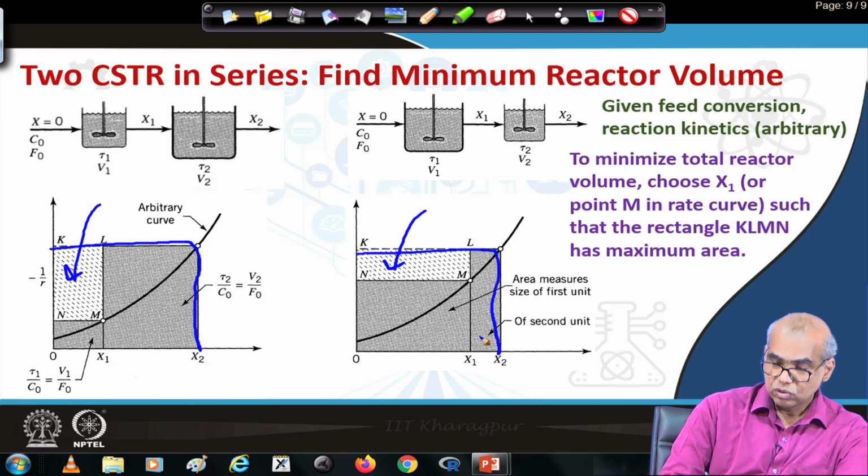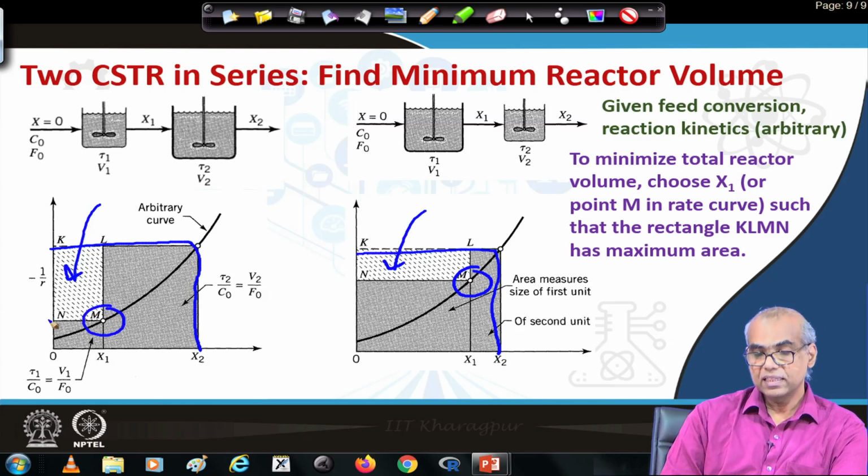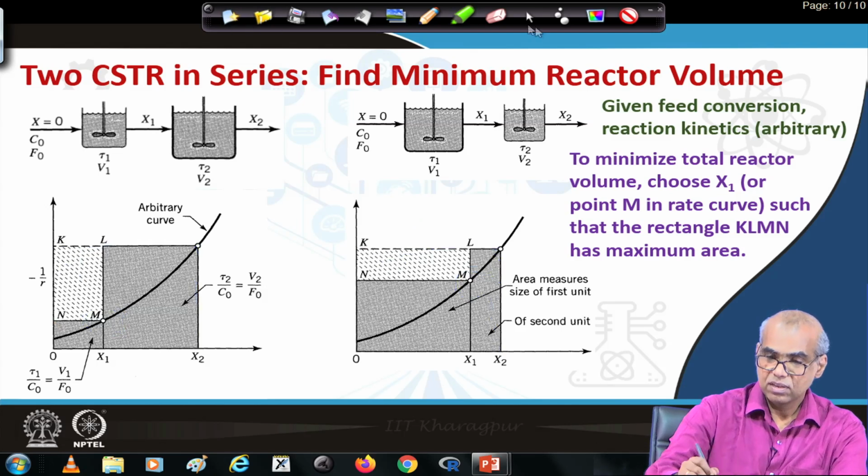So, the question now is to select point M on the rate curve such that the area KLMN is maximum, and that is the conversion that we must achieve in the first reactor.